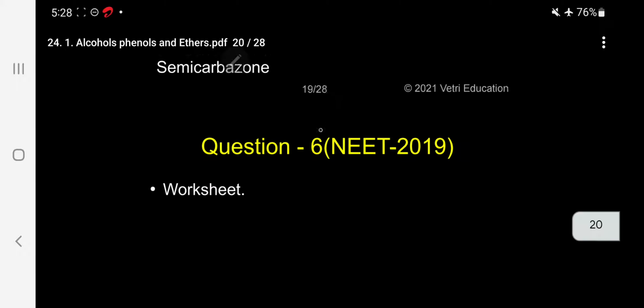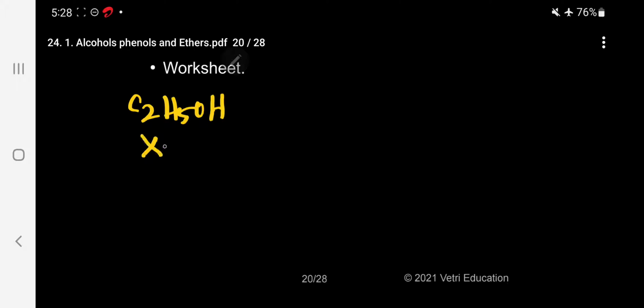Let me write the reactions so you can understand very easily. Let me write a rough sketch first, then you will have a very clear idea. It is given already, X is ethyl alcohol.